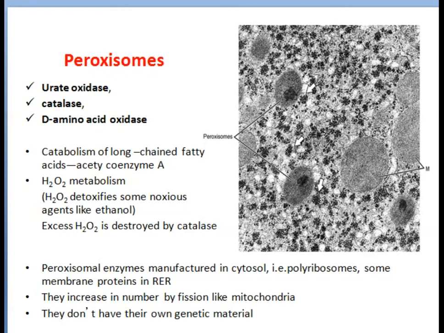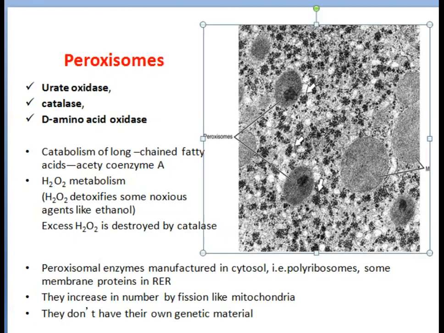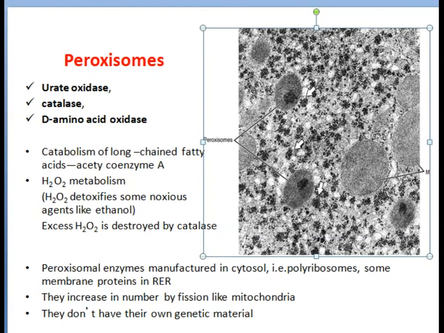Peroxisomal enzymes are manufactured in the cytosol, on polyribosomes, and some membrane proteins in rough endoplasmic reticulum. So the proteins needed for peroxisomes are produced mainly on free ribosomes. Peroxisomes, like mitochondria, increase in number by fission, by subdivision into two, and they do not have their own genetic material. We also have to know this.